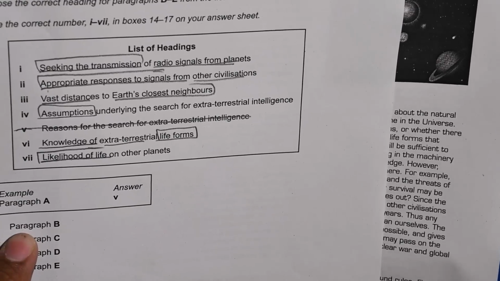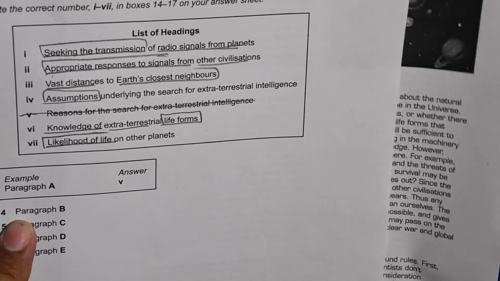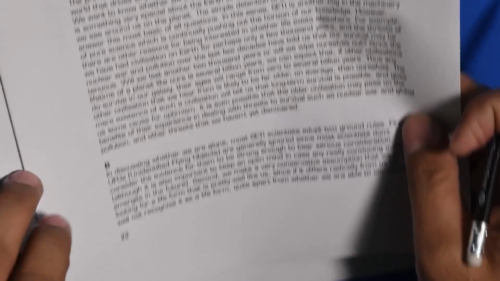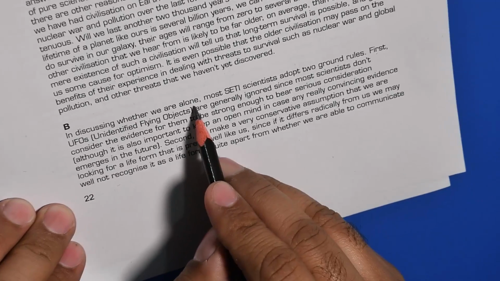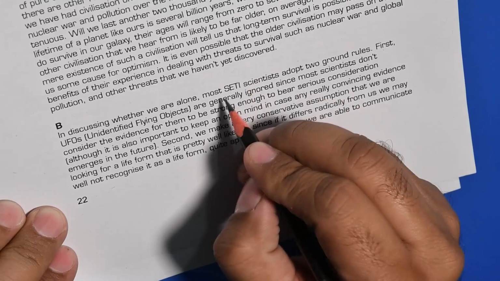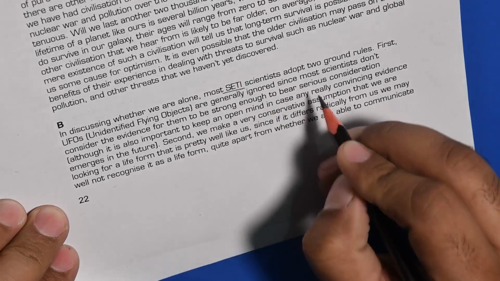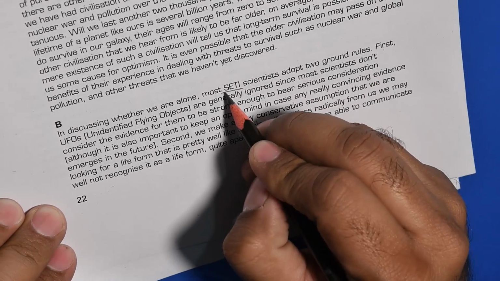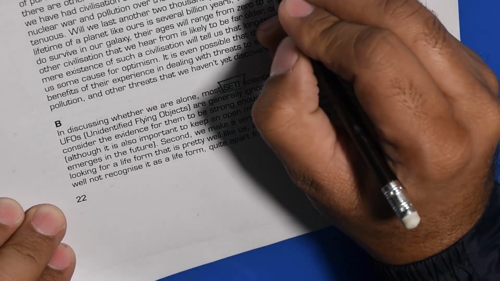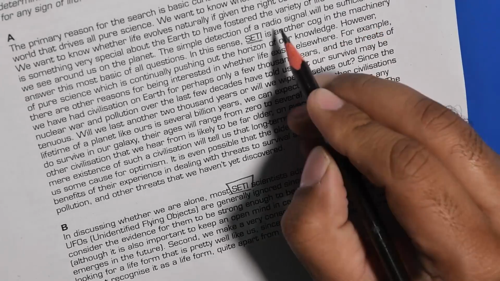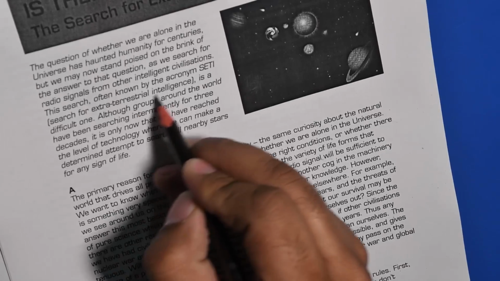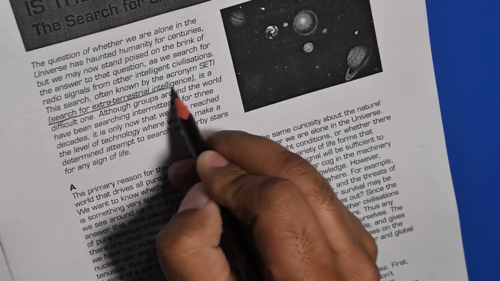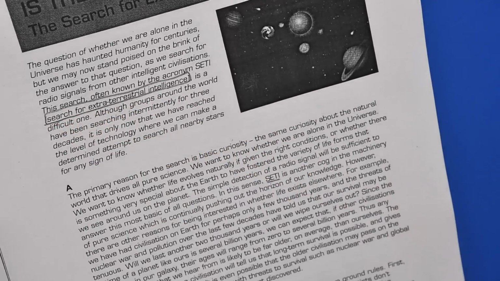But as I'm doing it partially, let's just do list of headings. Paragraph B, question number 14. Okay, paragraph B starts from here. It says, in discussing whether we are alone, most SETI scientists adopt 2 ground rules. SETI stands for search for extraterrestrial intelligence, so we should know that.